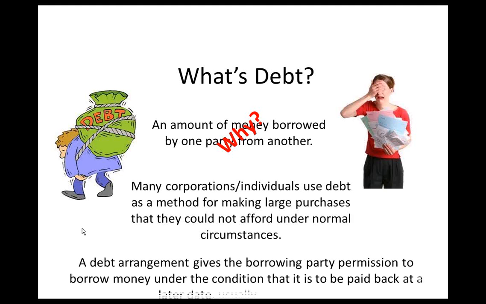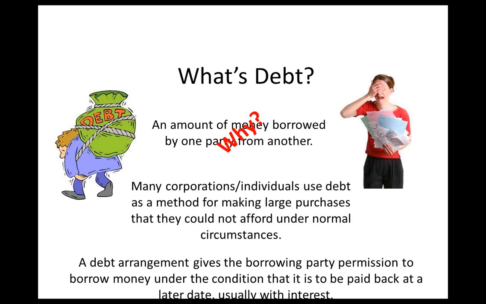Debt is just an arrangement which gives the borrowing party permission to borrow money under the condition that it is to be paid back at a later date, usually, right? And that is with interest. And that's very, very important.